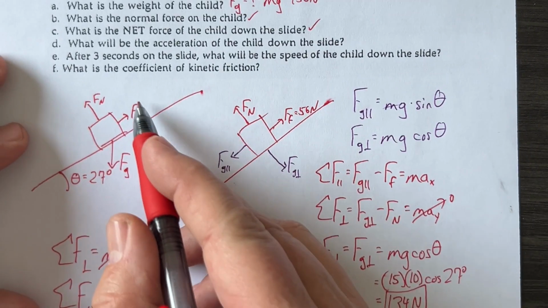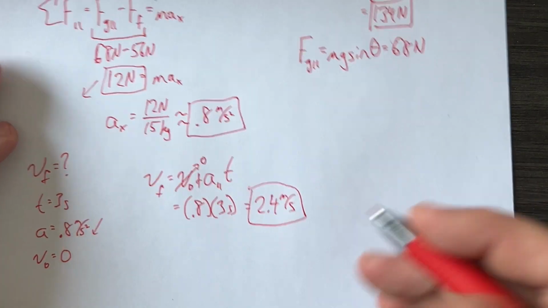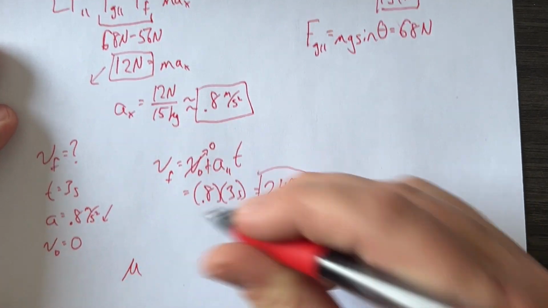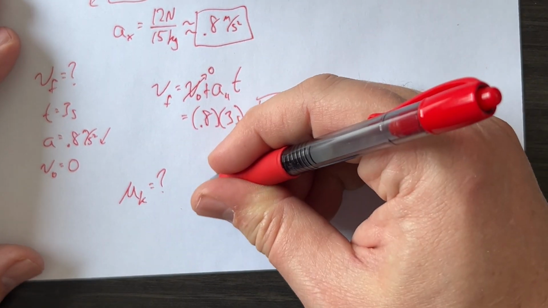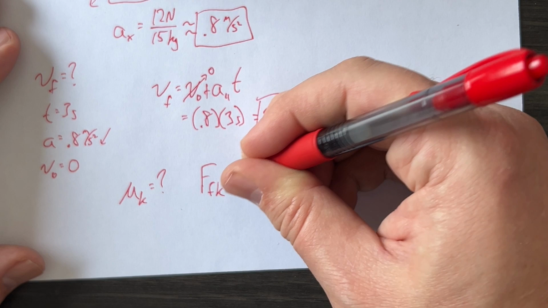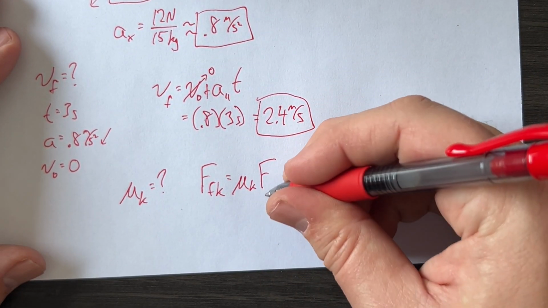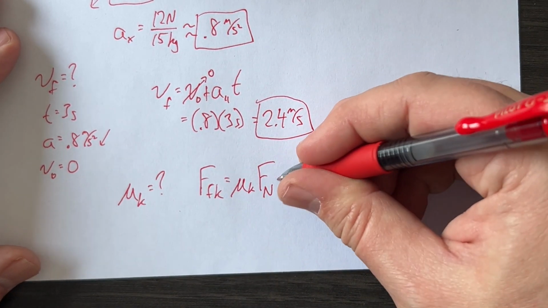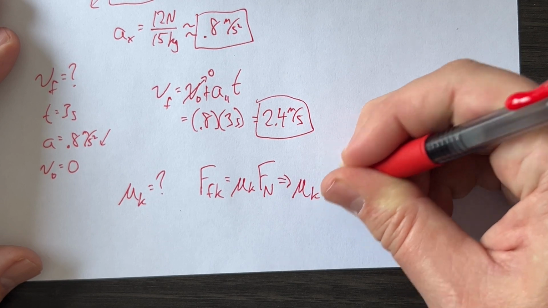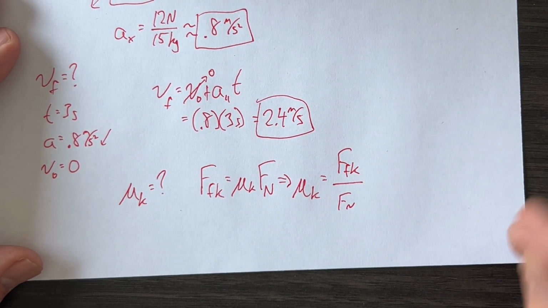Finally, the last question was, what is the coefficient of kinetic friction? So for mu k as the unknown, our equation was that kinetic friction equals our coefficient times normal force. So mu will equal our friction divided by normal force.